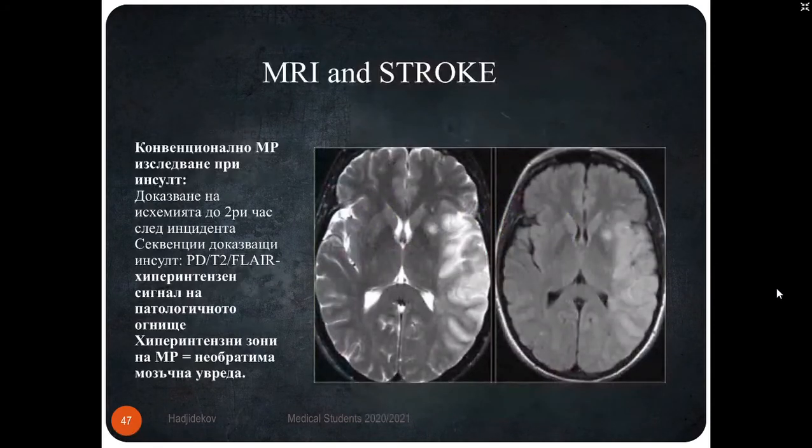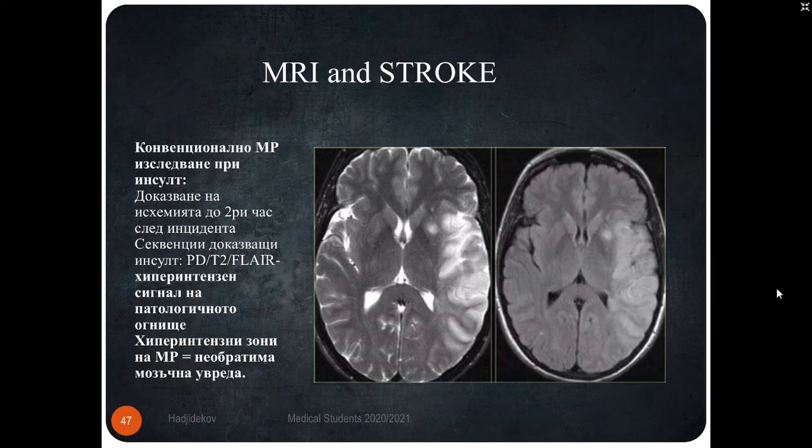So on MRI, the stroke, again, is located here in that image on the left side, affecting the parietal and temporal part of the temporal lobe, or mainly the parietal lobe. So we can prove the ischemic affection up to the second hour after the incident, and we will use PD sequences, T2 sequences, and also FLAIR sequences.